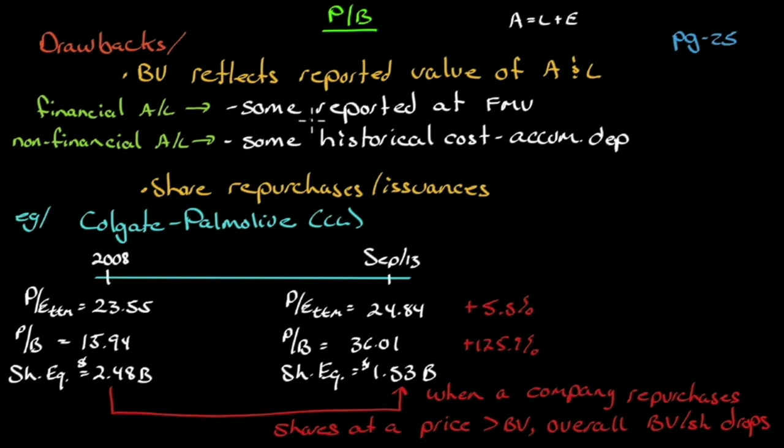Financial assets and liabilities might not reflect historical cost, but they get to be reported at fair market value. Now, here's the issue with this fair market value reporting: that's if there's a price. You might have some financial assets that just don't price very well. So what does the company do? It reports them at a model-derived price.